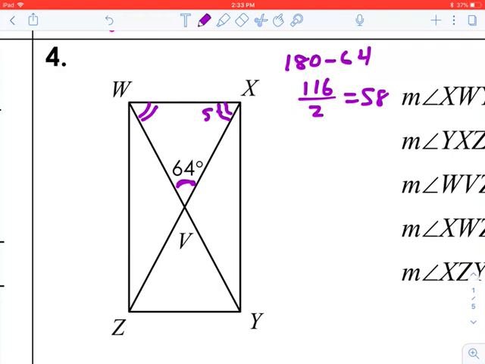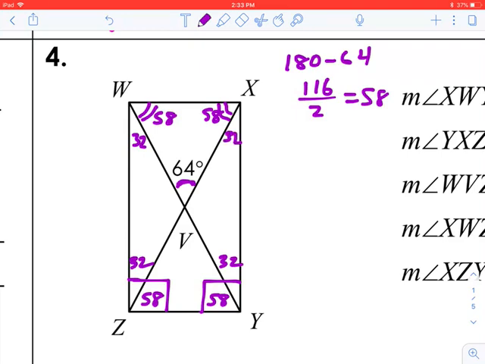So this is 58, this is 58. Okay? And so if that inside angle, 58, 58 again, and making 90, the other part of those angles would be 22. Or not 22, sorry, 32. So 32 here, 32 here, 32 here, 32 here.